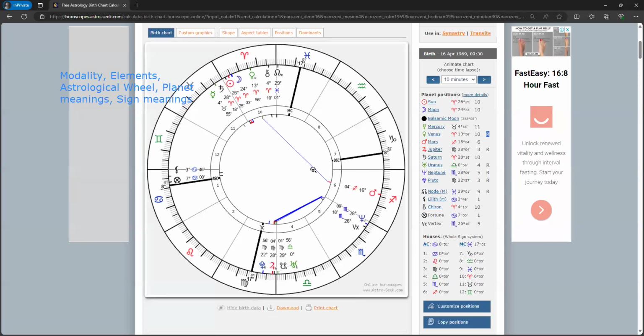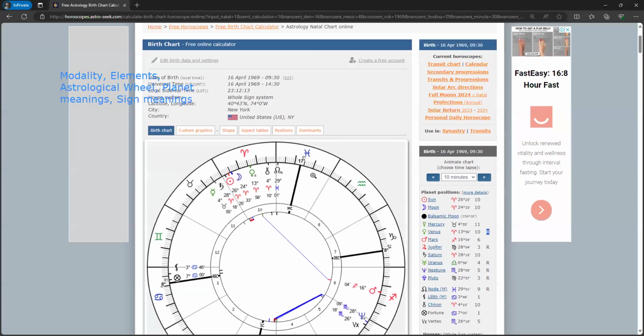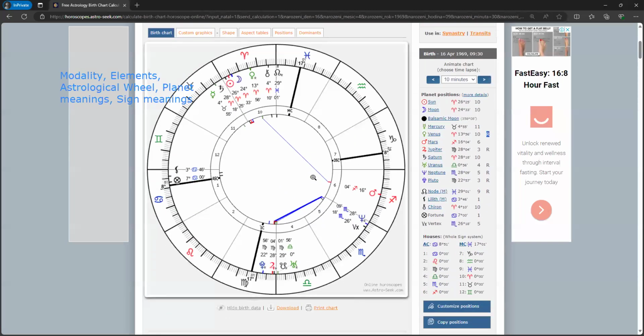So they're basically born with the energy of that planet retrograde. Let's take, for example, this person has Venus retrograde. So they may feel when it comes to love and finances, like they have to go over things with a fine-tooth comb in that area.